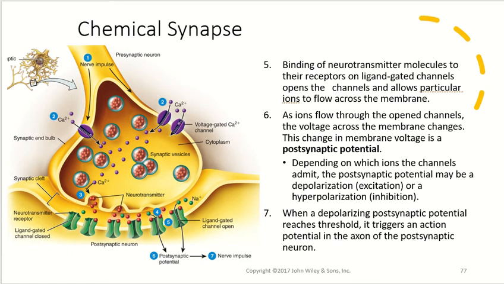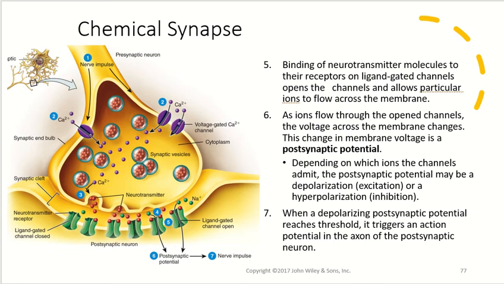The type of ion that's flowing is going to depend on the type of neurotransmitter that's being released, and this is going to influence whether or not we have an excitatory or an inhibitory postsynaptic potential.